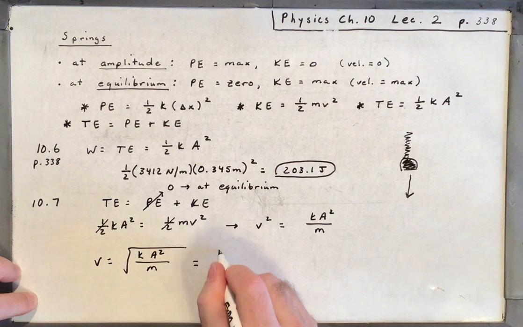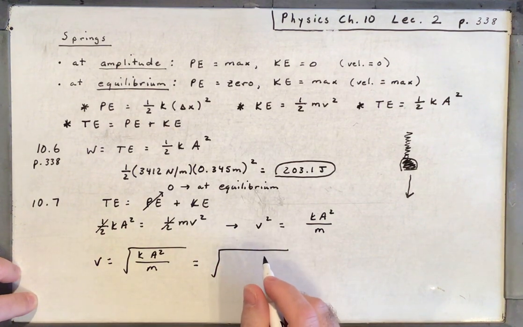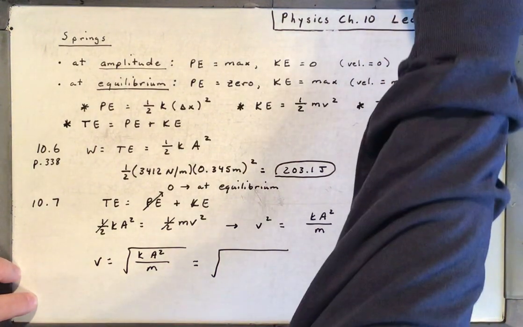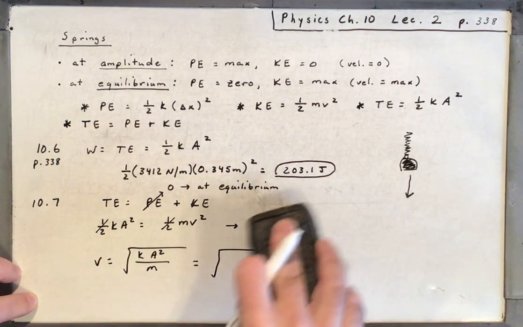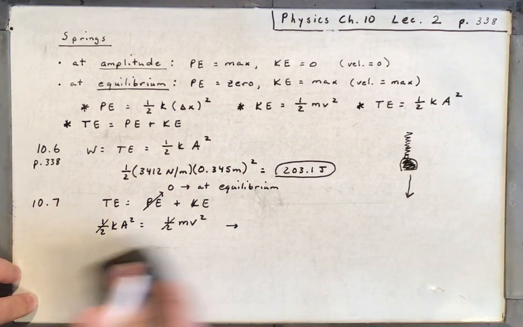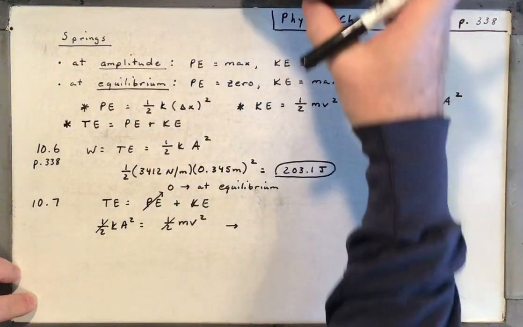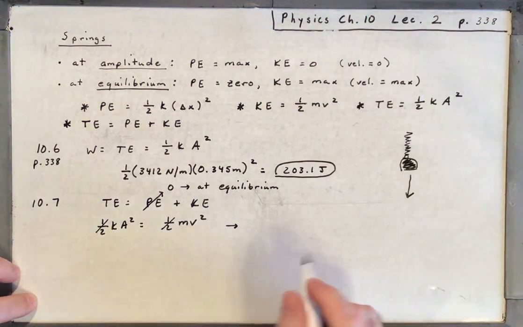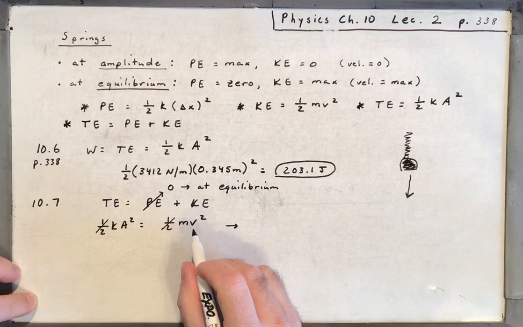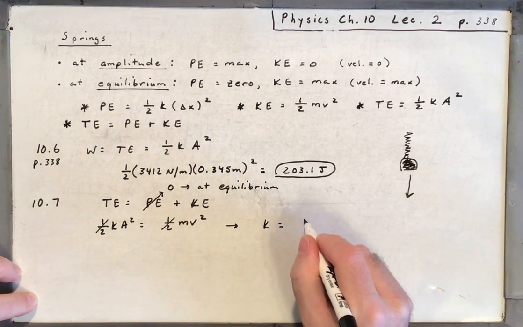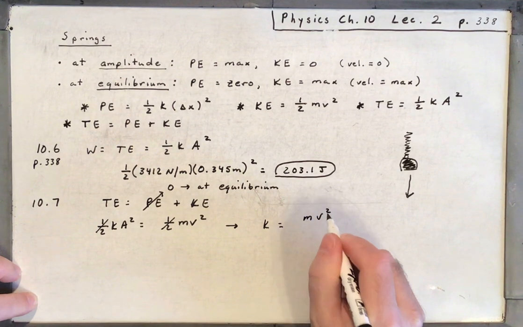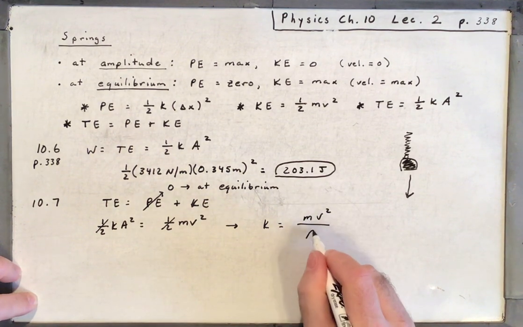So that's going to be the square root, k is, oh, I'm so sorry, we're solving for the spring constant, so I apologize for that. Let's redo that. All right, solving for the spring constant. Similar algebra, k is going to be mv squared over a squared.